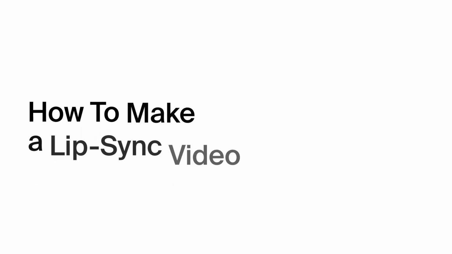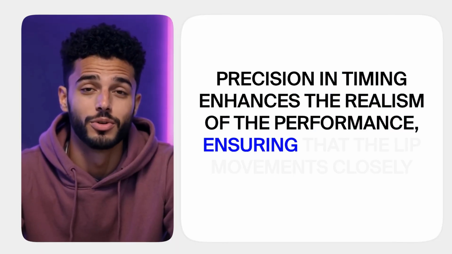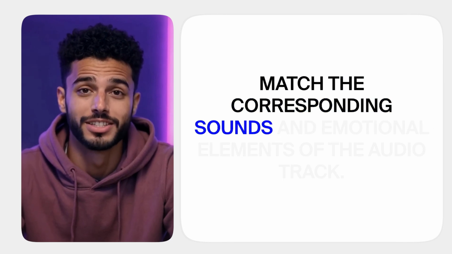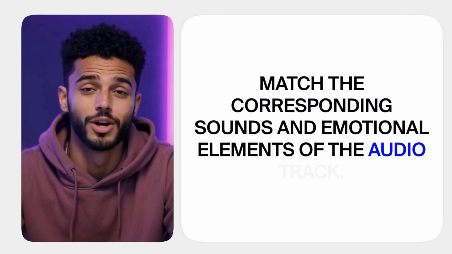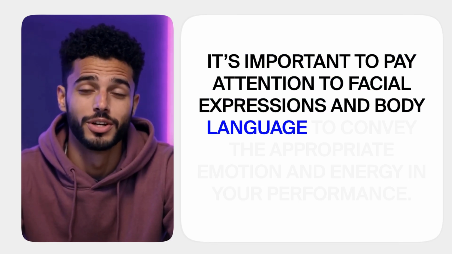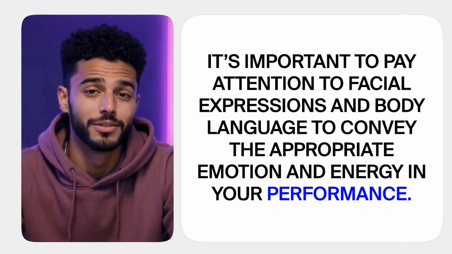How to make a lip sync video. To create a perfect lip sync video, you must consider the following factors. Timing. Precision in timing enhances the realism of the performance, ensuring that the lip movements closely match the corresponding sounds and emotional elements of the audio track. Facial expression. It's important to pay attention to facial expressions and body language to convey the appropriate emotion and energy in your performance.